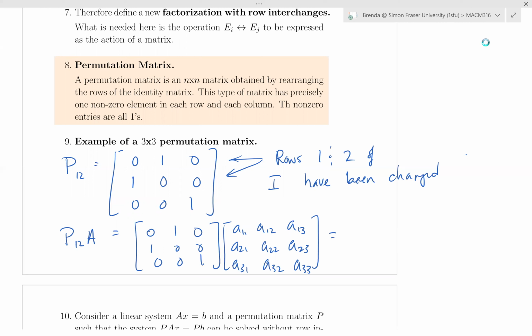Go ahead and do the matrix multiplication and we get this result.